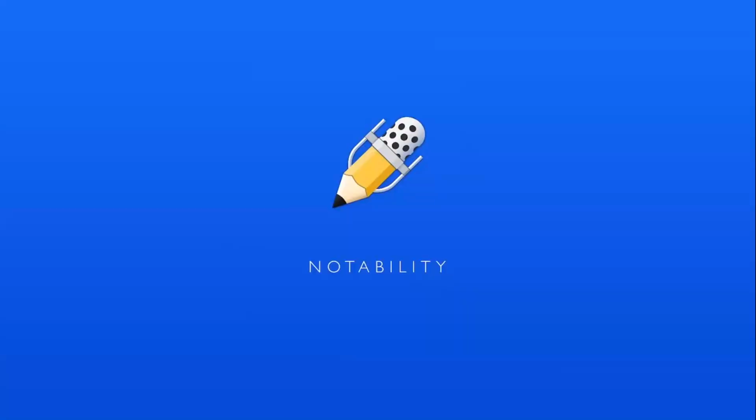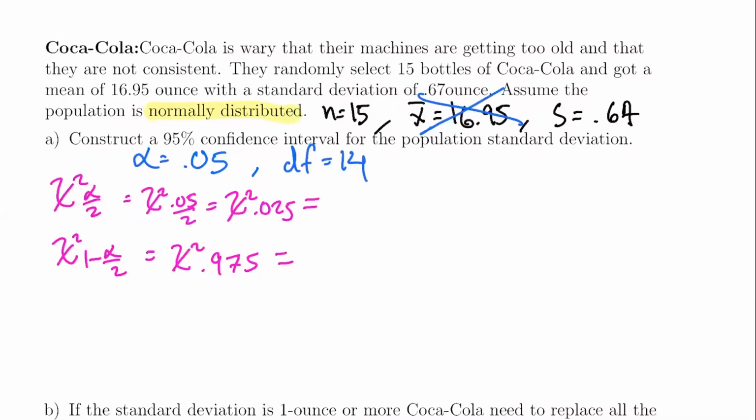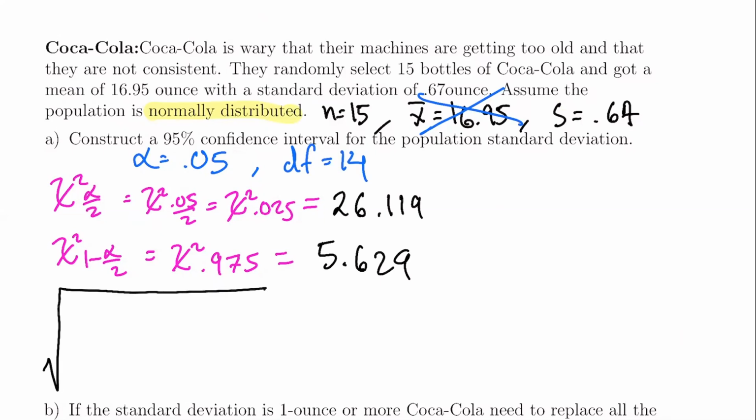All right, let's go back to the board. Let me write those out, we'll do this in black: 26.119 and 5.629. Since I want the confidence interval for population standard deviation, I'm going to substitute right into the formula.